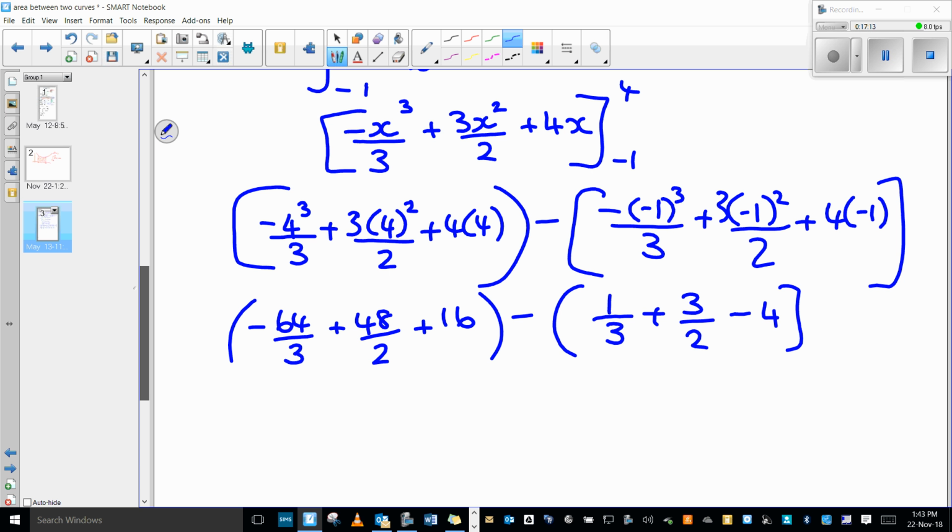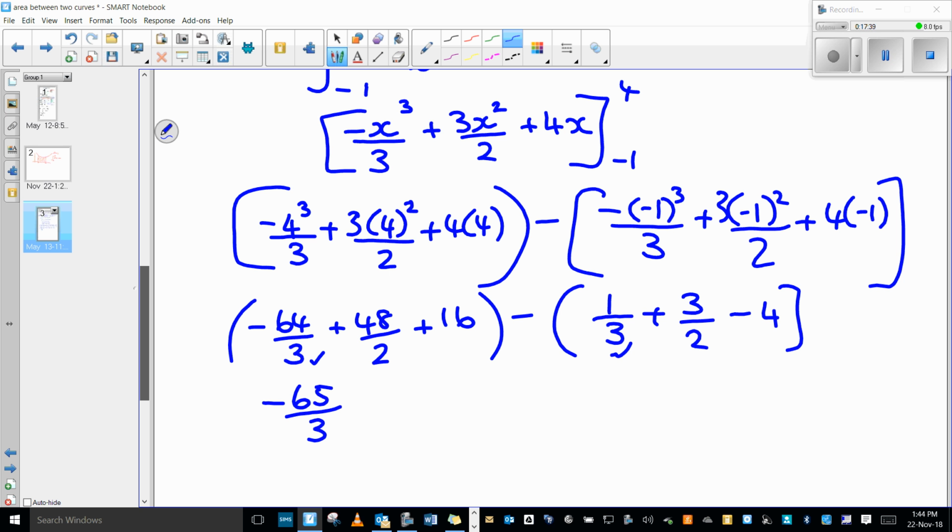Let's try and join some of these together. I'm going to do my things with denominator of 3 together. So I've got negative 64 over 3, subtract 1/3, so that's going to be negative 65 over 3. You happy with that? I subtracted because I'm subtracting 1/3.